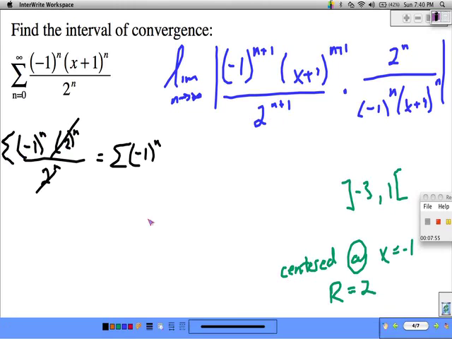And this one's just going to go plus 1 minus 1 plus 1 minus 1. This diverges.